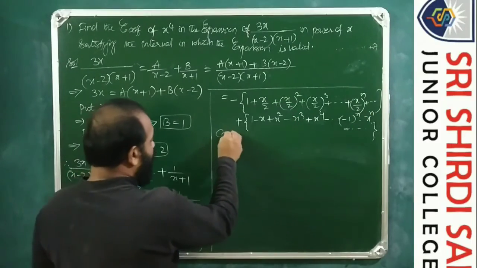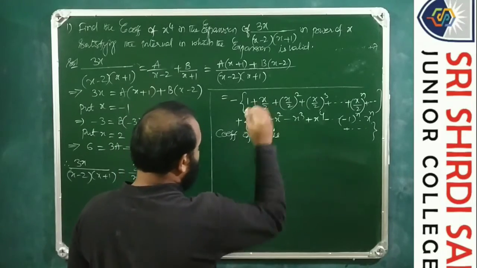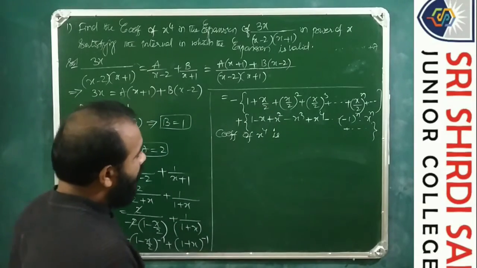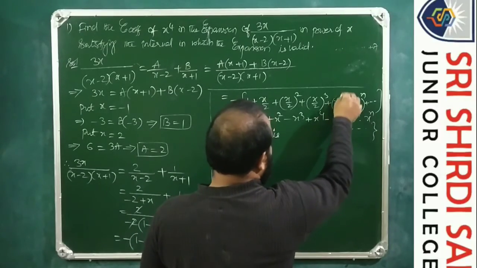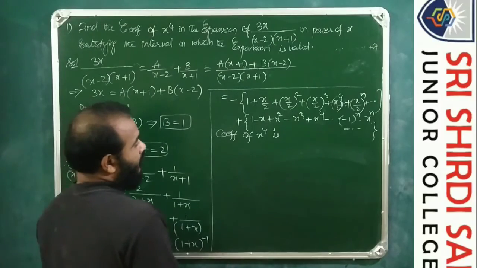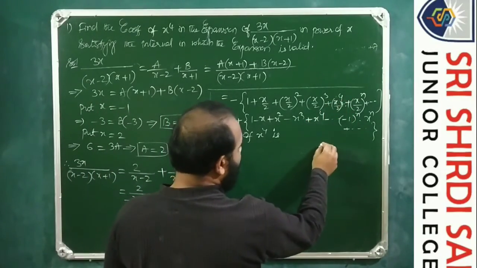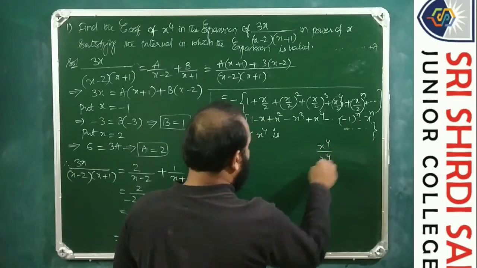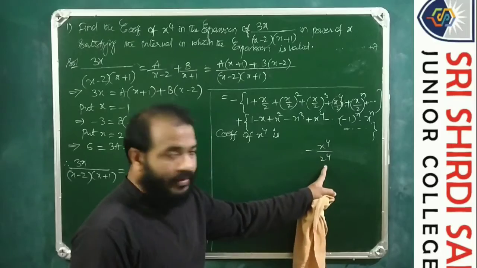So the coefficient of x power 4 is, here further x by 2 whole power 4 we will get, etc. And the x power 4 coefficient is here. This is x power 4 by 2 power 4 with minus there. So therefore the x power 4 coefficient is minus 1 by 2 power 4.